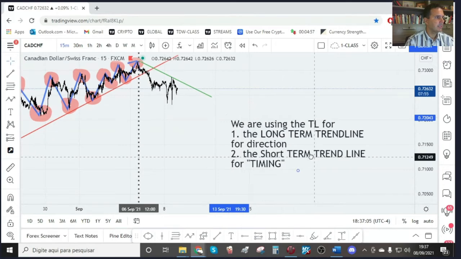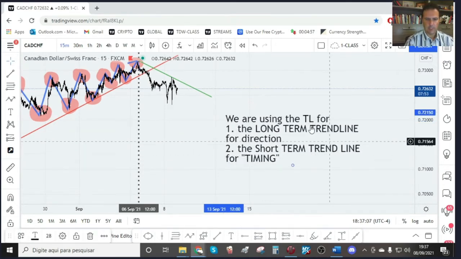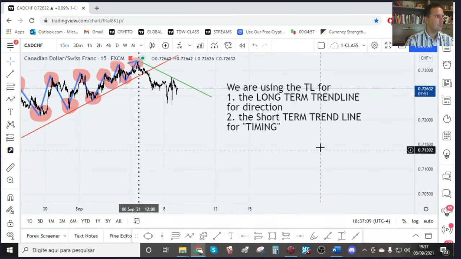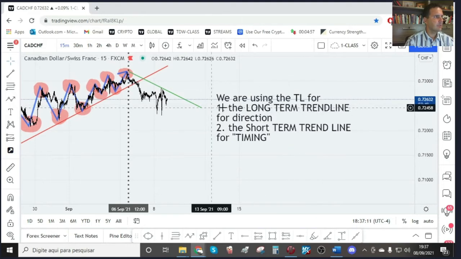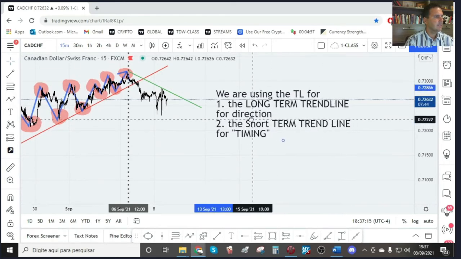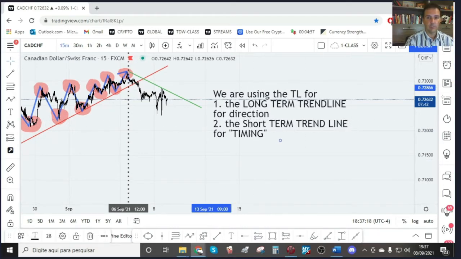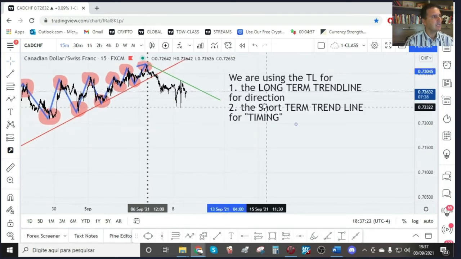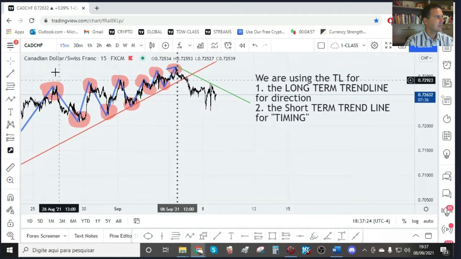Okay, timing. Okay, got it, very good. So the long-term trend line is for direction, the short-term trend line is for timing, if you want, okay? It's not a must, we have different techniques, but talking about trend lines, okay?